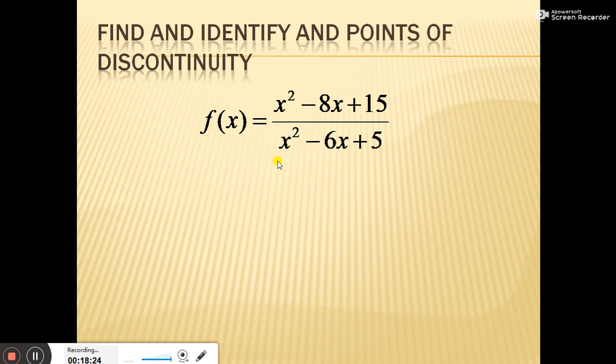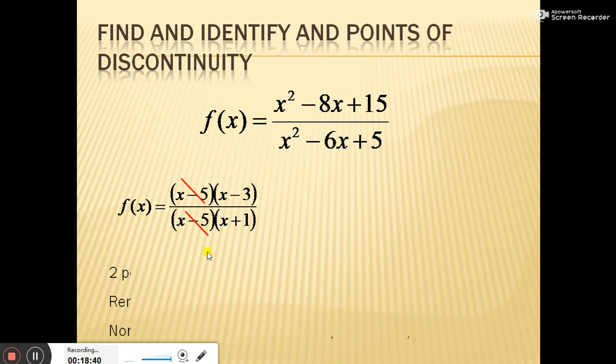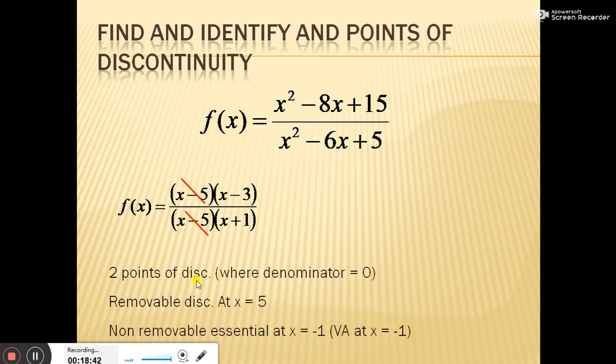First of all, we have to factor the numerator and denominator: (x minus 5)(x minus 3) and (x minus 5)(x plus 1). That means the term x minus 5 will be cancelled, and we have 2 points of discontinuity where the denominator is 0: first at x equal to 5 and second at x equal to minus 1.